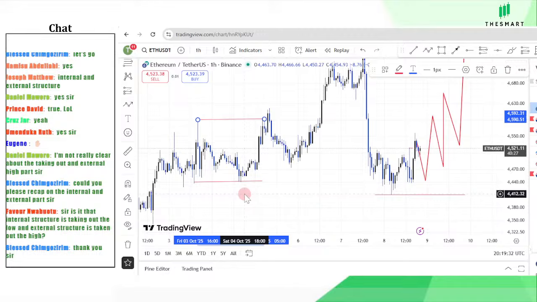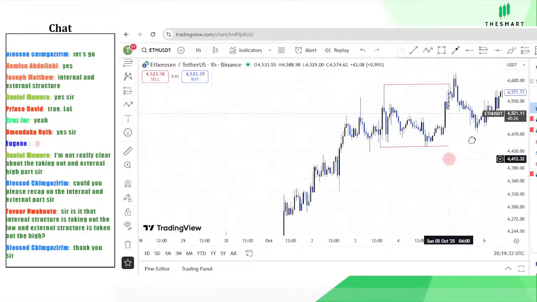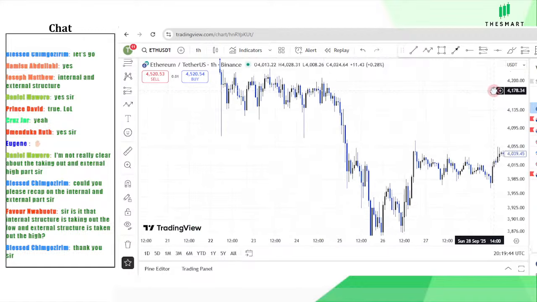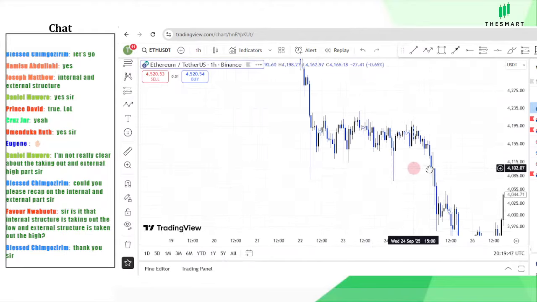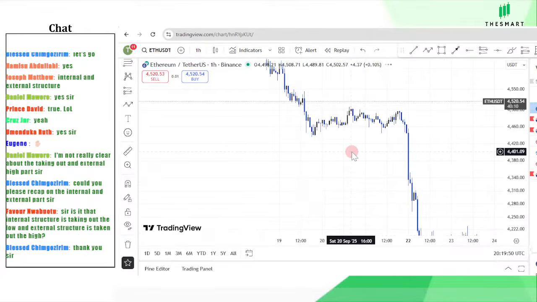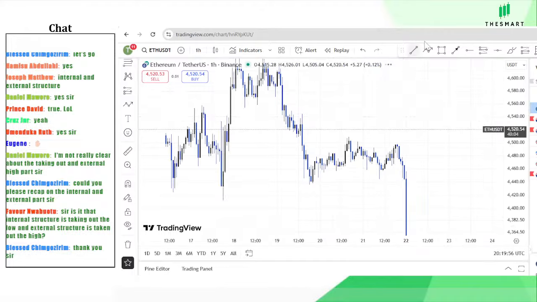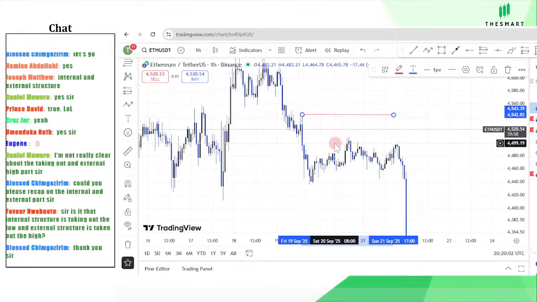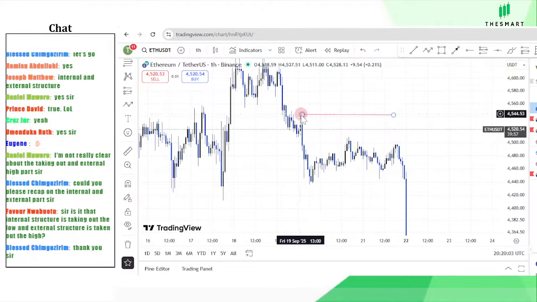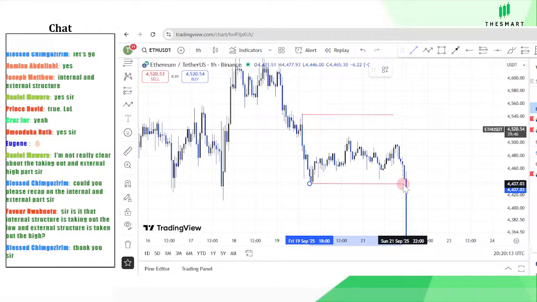Now, let me look for a more complex example, because that will give you a better understanding of what I'm explaining here. Okay, I think I have one here. Let's say this is this high. This was where this move initiated, and this was where the low was created.